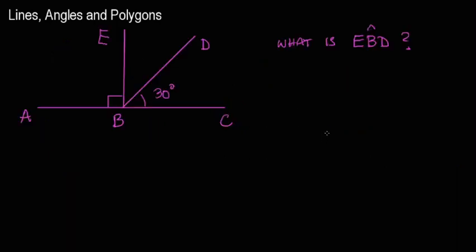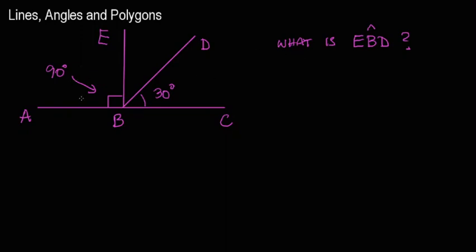So let's take a look at a very quick example here. So we've got a few points here, A, B, C, D, E. Angle CBD is 30 degrees. Angle ABE is 90 degrees. If you have forgotten, this square here means 90 degrees, or a quarter of a turn.